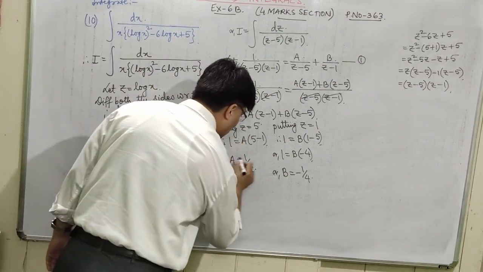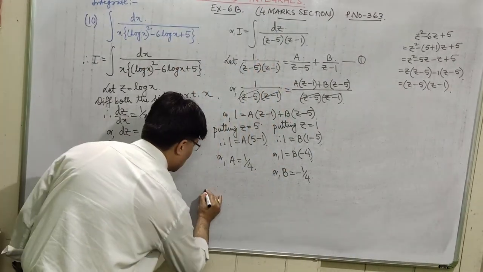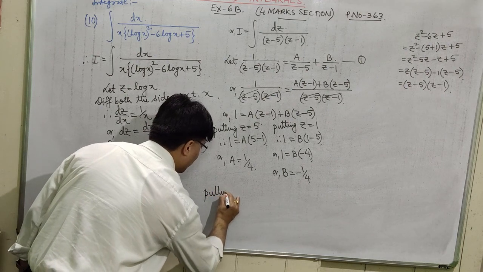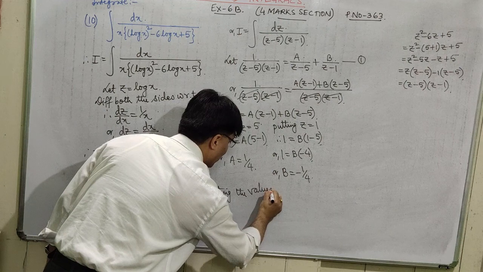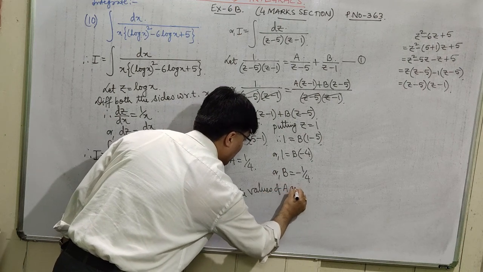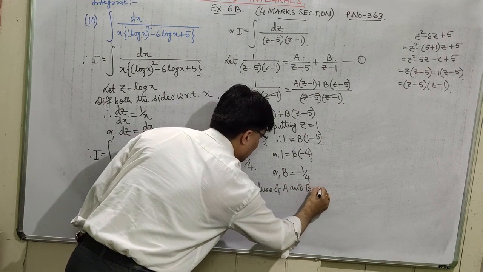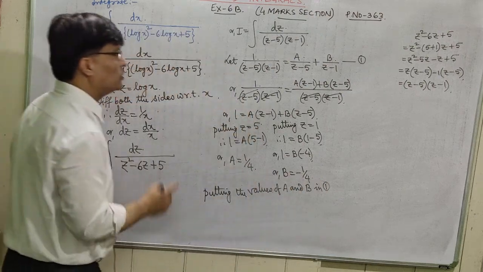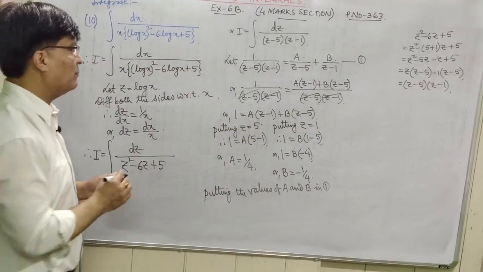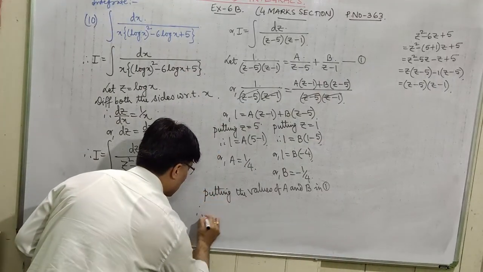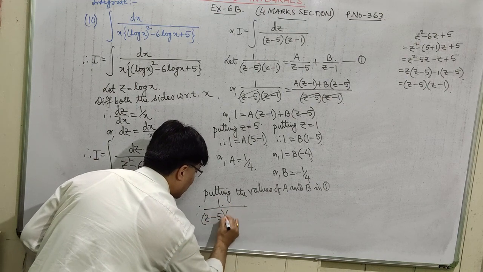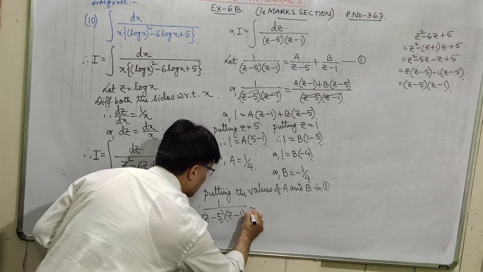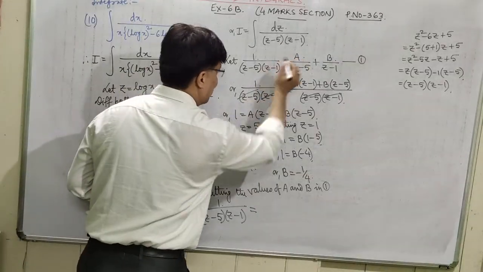So let us put those values of A and B in 1. So what do we get? This is 1 upon z minus 5 into z minus 1, which is equal to, what is capital A?